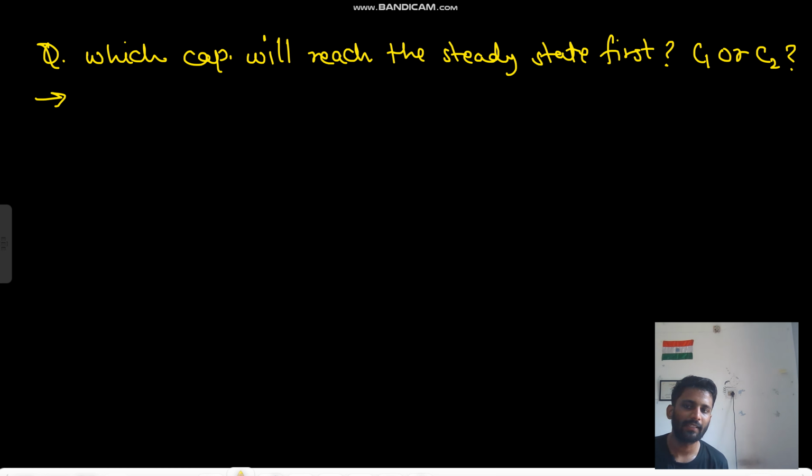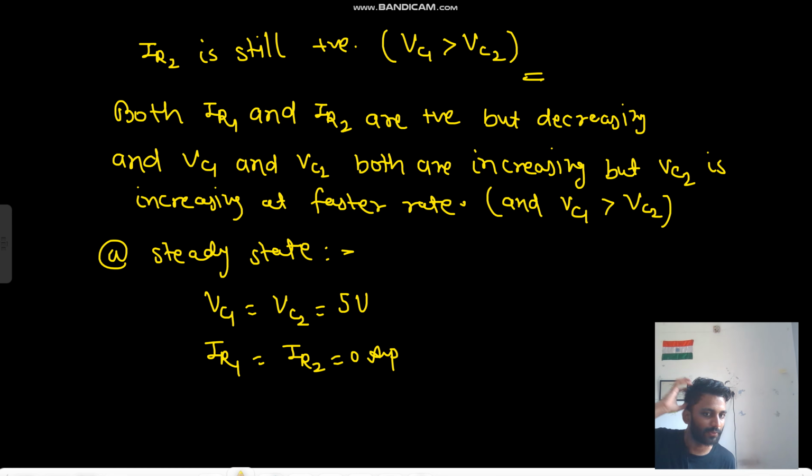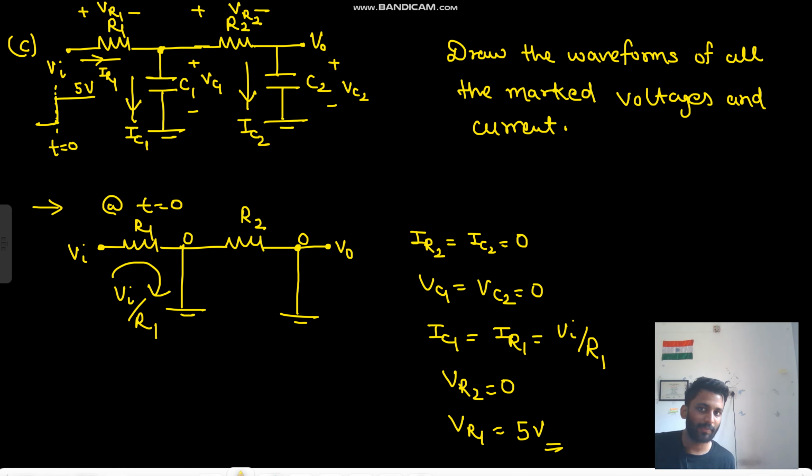People will say that VC2 is following VC1, right? So first C1 will reach steady state and after that C2 will follow it and reach steady state. But this is wrong.